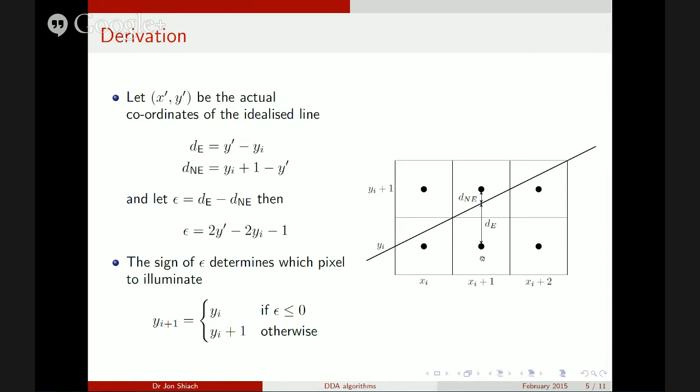We'll have this pixel. If it's positive, that means DE must be greater than DNE, and we go up to that pixel. So what we're going to do is calculate the error. If it's positive, we go across and up, so to the northeast. If it's negative, we just go across to the east.